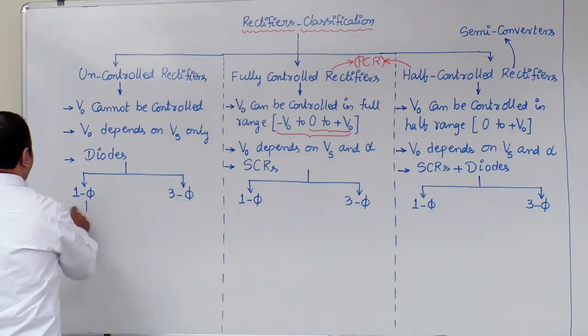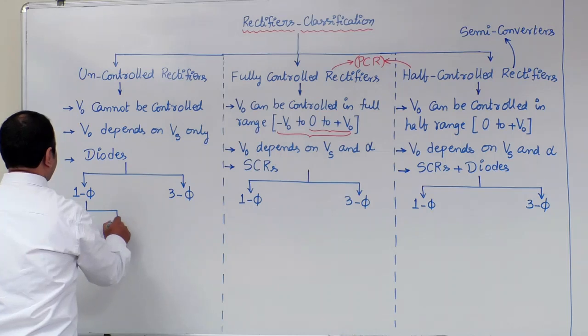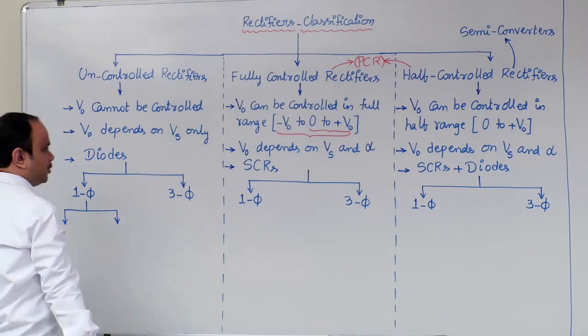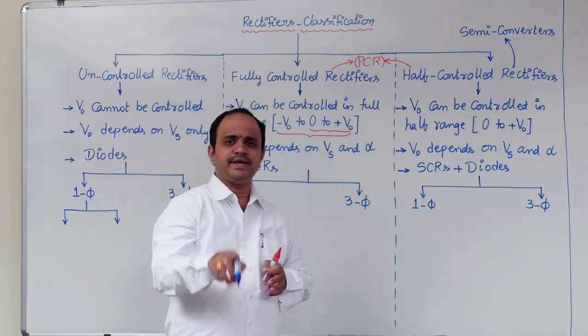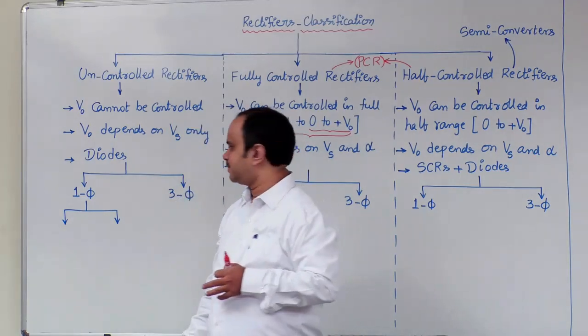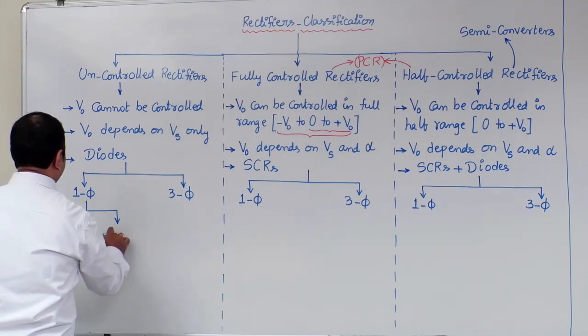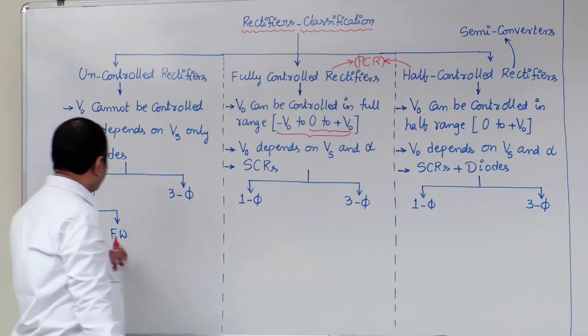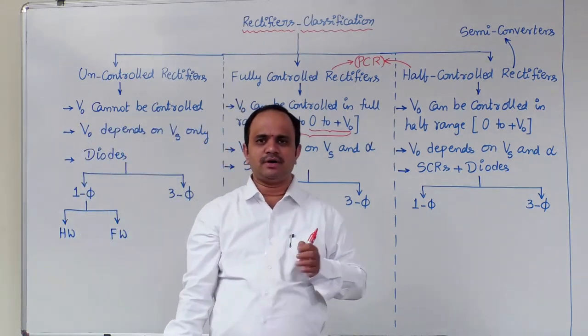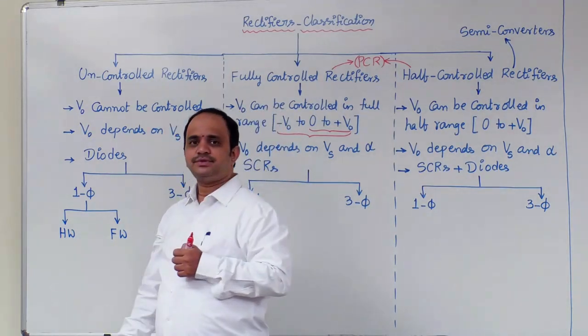Next, based on the circuit topology. Topology means the way devices are connected. These are further classified into half wave and full wave. HW indicates half wave, FW indicates full wave.